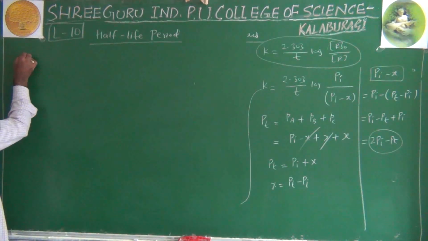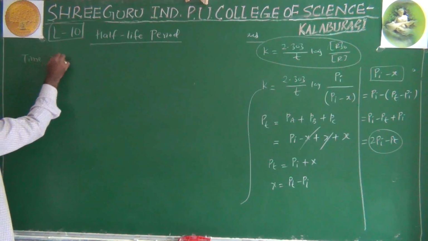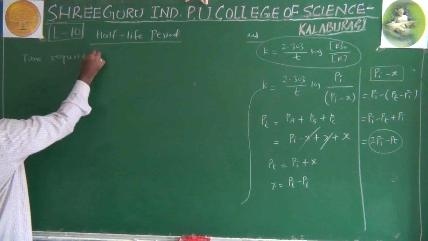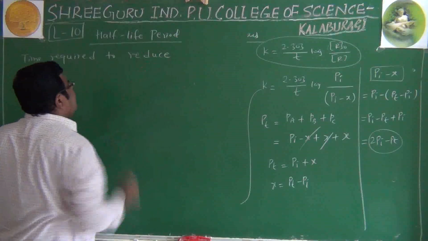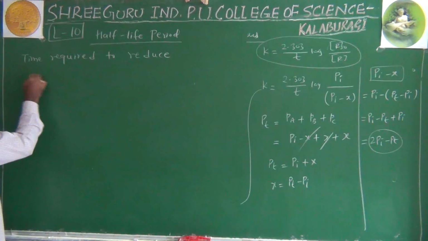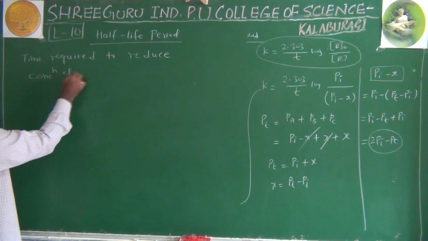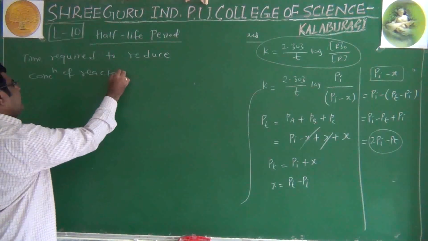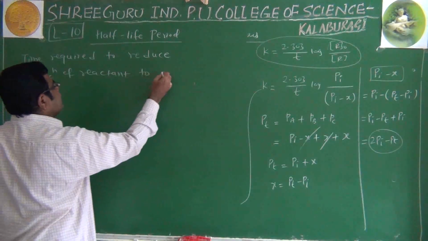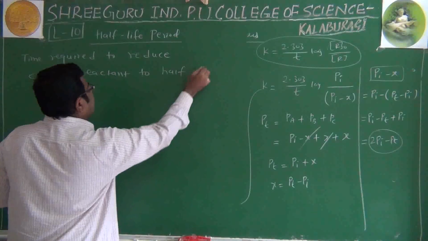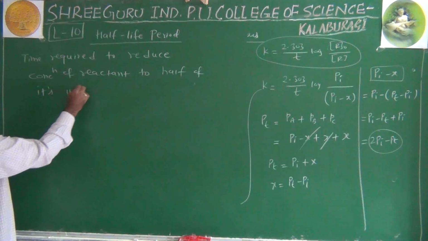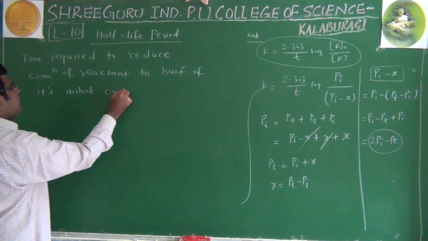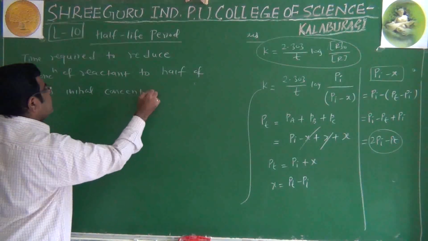Half-life period: we can say that it is the time required to reduce the concentration of reactant to half of its initial concentration.